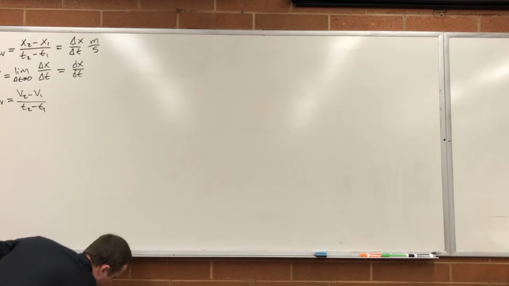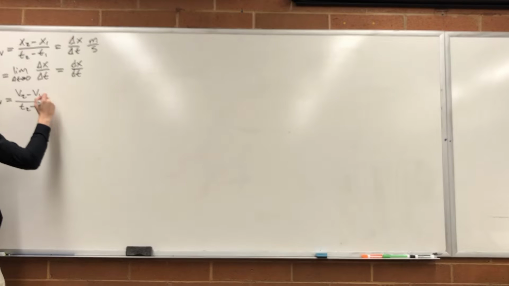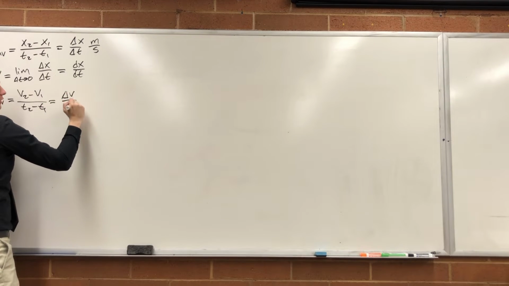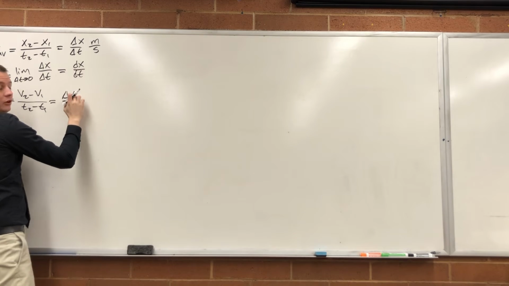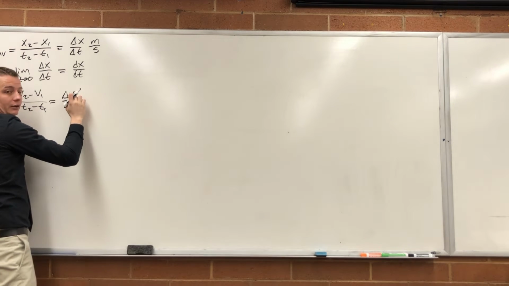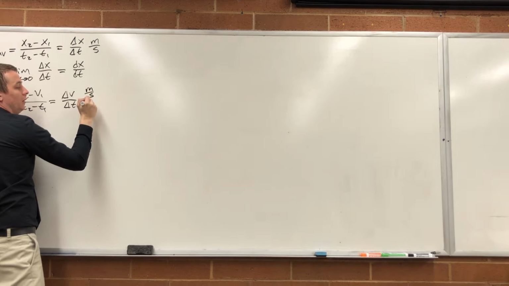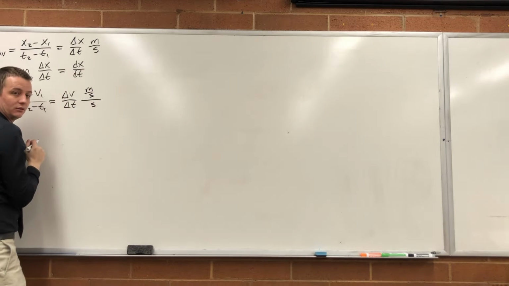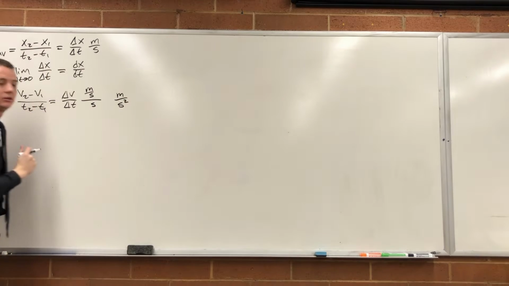So let me write out the same thing down here. Change in velocity over change in time. We can also write that as delta v over delta t. What's velocity? We just figured out the units of velocity. That's meters per second. But now, over time is seconds. And that's how you get your square. This is the same thing as meters per second squared.